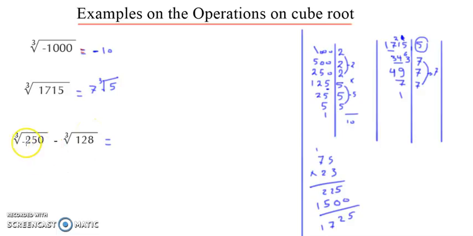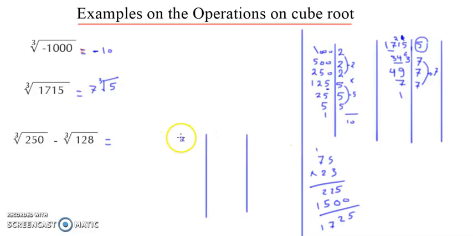So let's answer this question, which is a subtraction. We will find by the same way, using factorization, 250 and also 128.